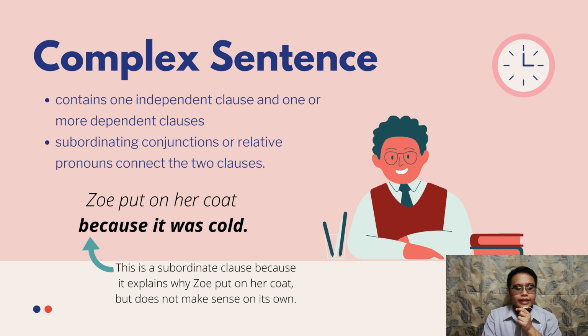So, when we link subordinating conjunctions, we use subordinating clauses, or dependent clauses. Okay? Don't get confused. When we link subordinating, that's another word for the dependent clause. Okay?